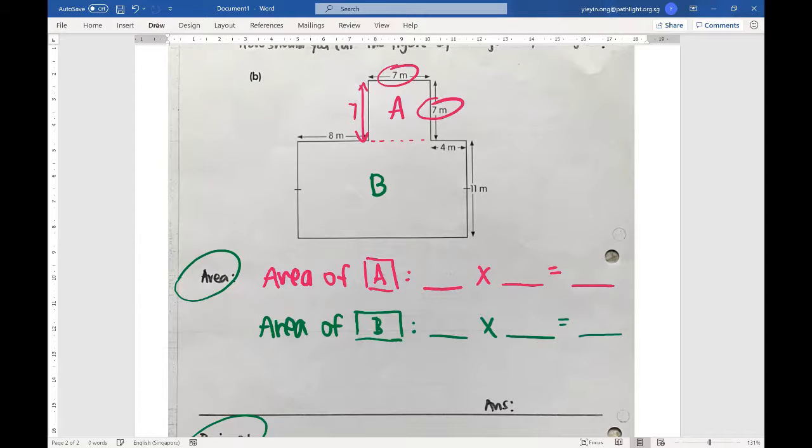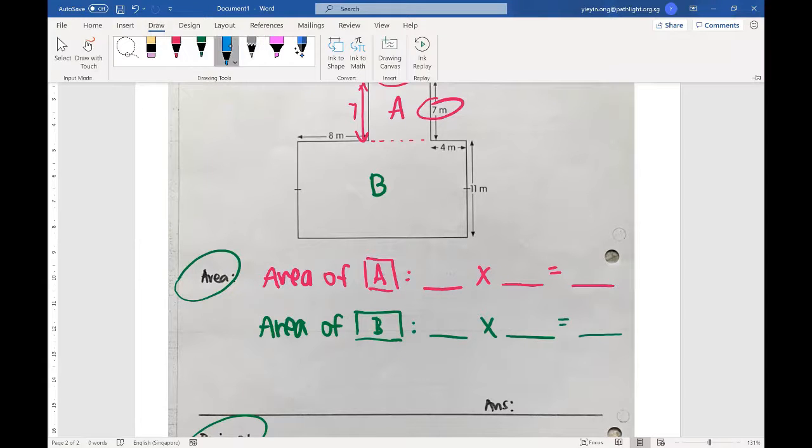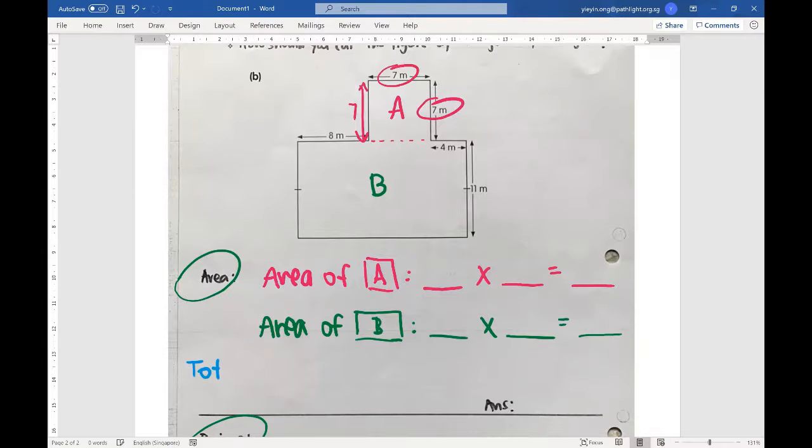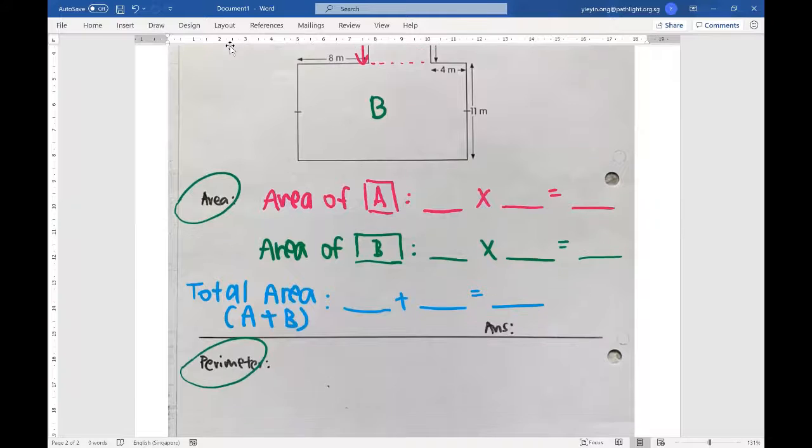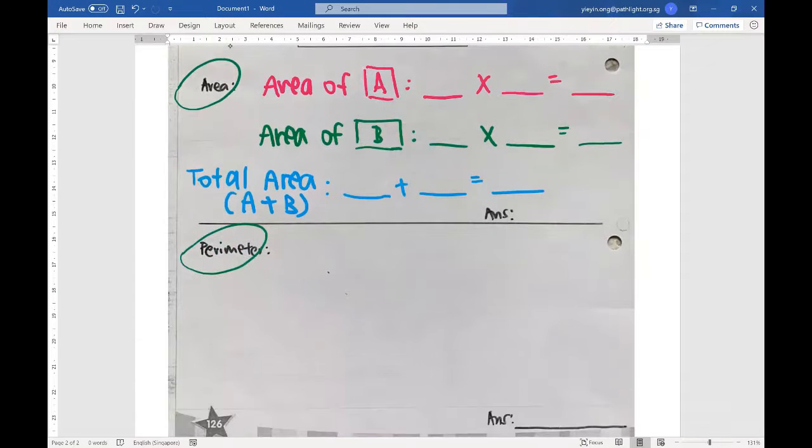Okay, and then next step, you need to find the total area. That is A plus B. Okay, so what plus what? Alright, then for the perimeter, remember you have to add all sides.